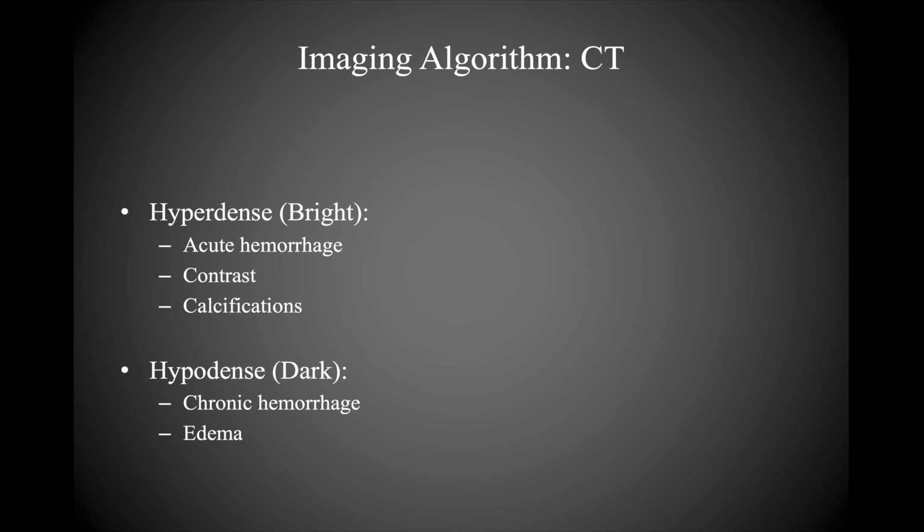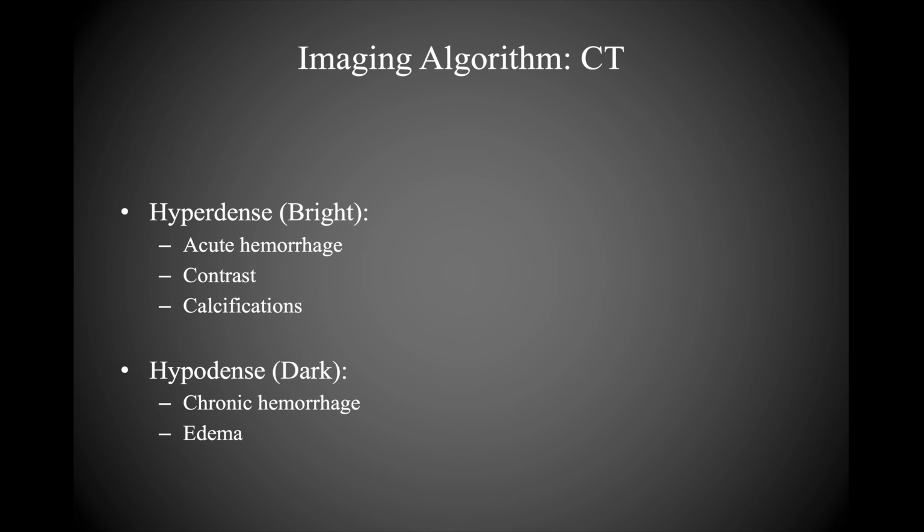Okay, and so then just another note on this. If you look at the way different things appear on CT, a couple to point out is number 1, acute hemorrhage, contrast media, and calcifications or bone are going to appear hyperdense or bright on CT. So again, very similar to what we talked about with X-ray, whereas the hypodensities or dark structures are going to include chronic hemorrhage as well as edema formation.